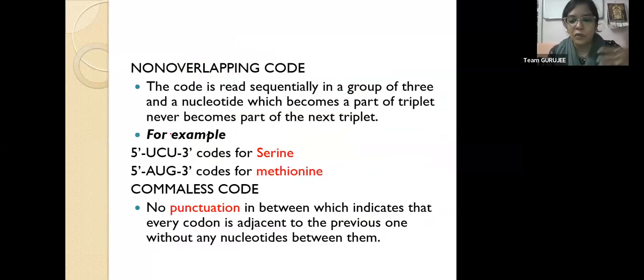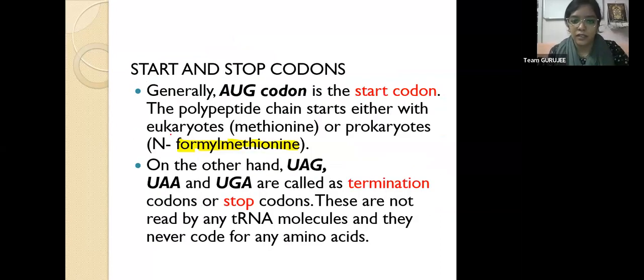It's non-overlapping. If any mutation occurs, whether a sequence is inserted or deleted, there won't be any overlapping. It will take only three at a time, that is in triplet form. There is no punctuation, no stop in between, in the genetic code. Start and stop codons I told already.